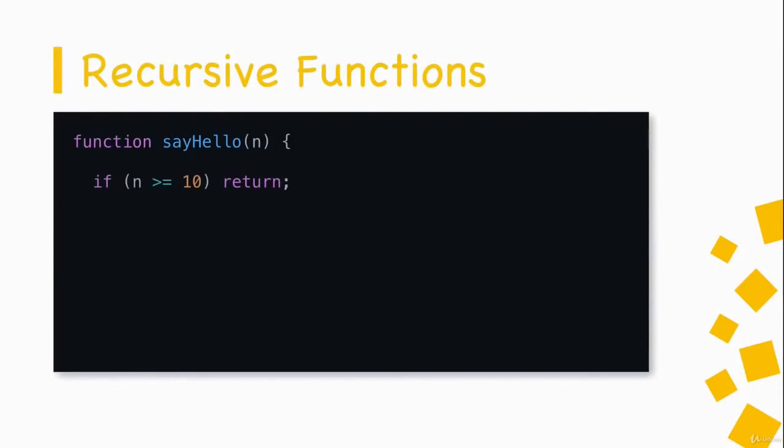Then we define a condition: if the value of this n parameter is equal to 10 or more, then it should return, which means the function should stop executing and return from everything it's doing. Then we can go on with what we were doing, console.log hello there. And then when we call the function again, we type in n plus 1. So we're taking the variable that's available as n and adding 1 to that, which means every time the function is called recursively, the value of n will change.